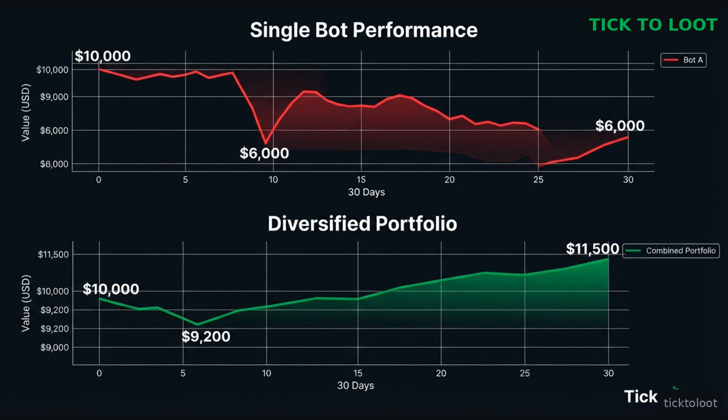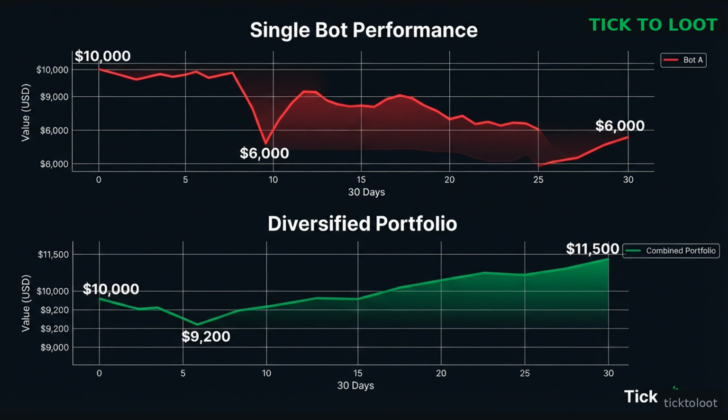Now imagine you add a second robot that behaves differently, such as a mean reversion bot. When a market is flat, the mean reversion bot can still capture tiny bounces, adding small gains while the trend follower is quiet. When a sudden reversal hits, the mean reversion bot may actually profit, offsetting the loss from the trend follower.